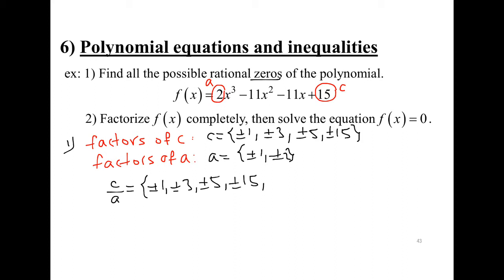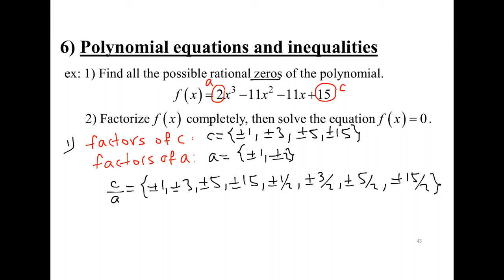Then dividing by the second factor of a, which is 2, we end up with plus or minus 1 half, plus or minus 3 over 2, plus or minus 5 over 2, and plus or minus 15 over 2. So c over a contains all the possible rational roots of the polynomial.